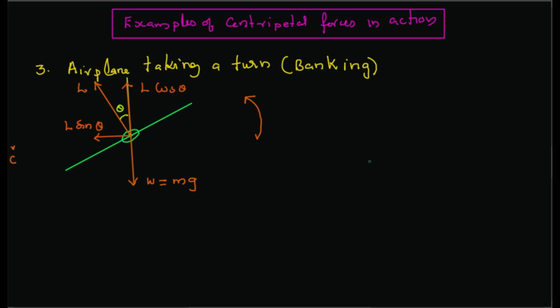Now let us write all the equations here and see what is the optimum speed at which the plane negotiates a curve, or rather takes a turn. We can write L cos theta, the vertical component of the lift, which must balance the weight, so L cos theta equals mg.